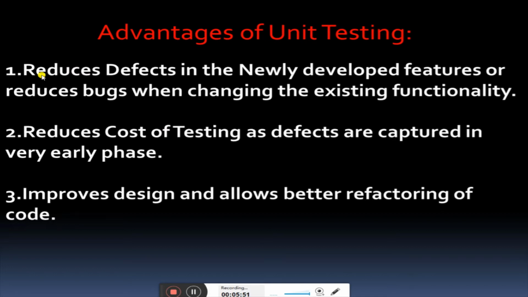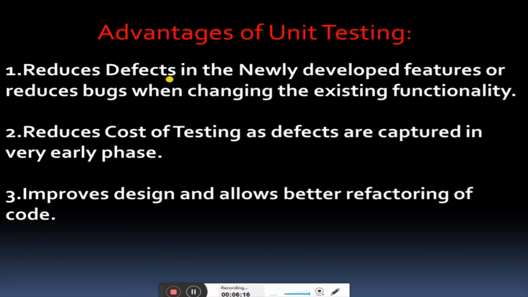The unit testing reduces defects. What happens when we are testing the unit? The defects, the bugs, the errors are reduced because we are testing it partially. When we are partially testing, what happens? We can focus on more points very clearly.